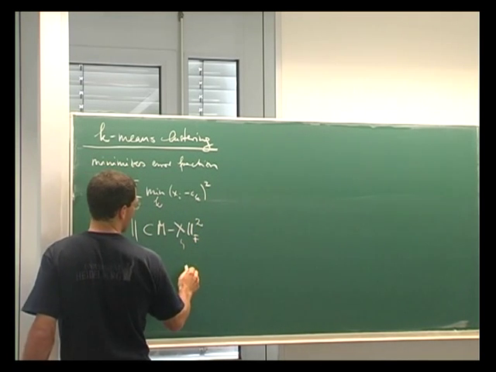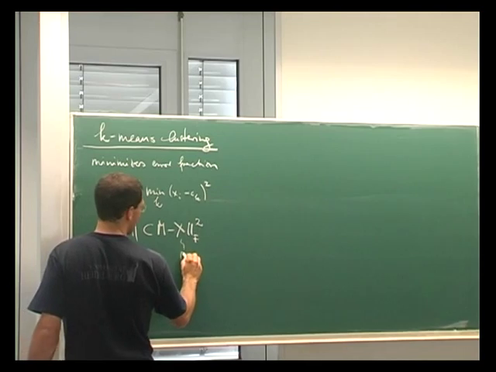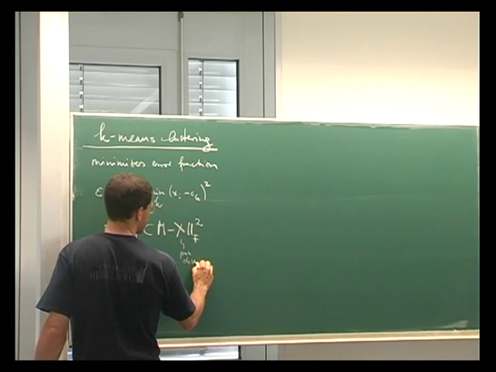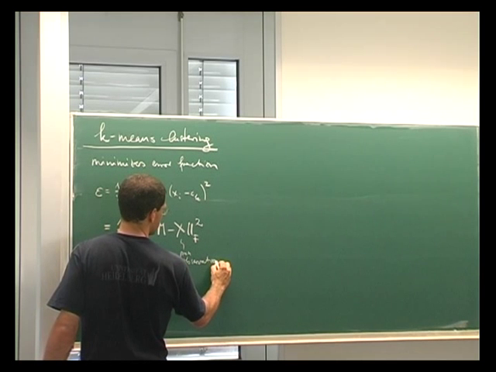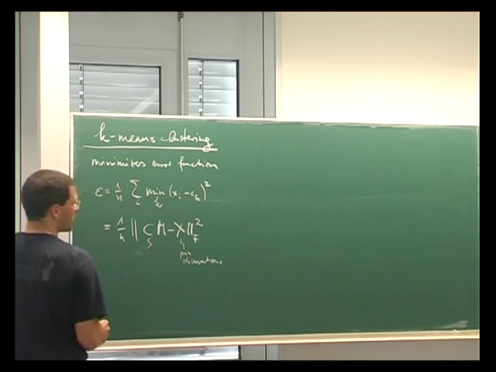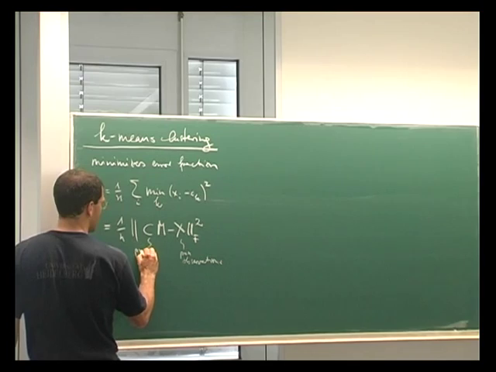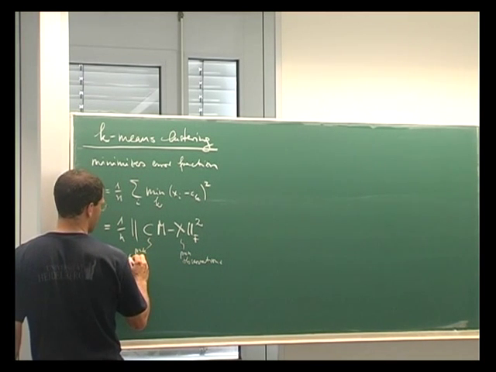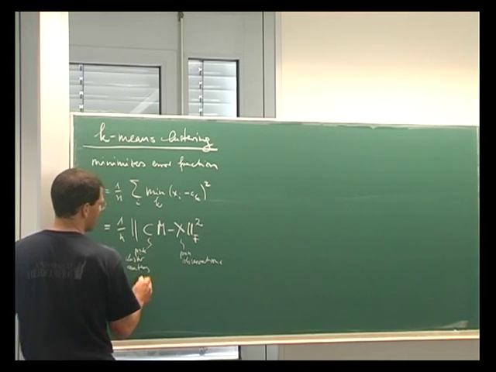Where X is a P by N matrix of the original observations. C is a P by K matrix of cluster centers. So this has the coordinates of the cluster centers.